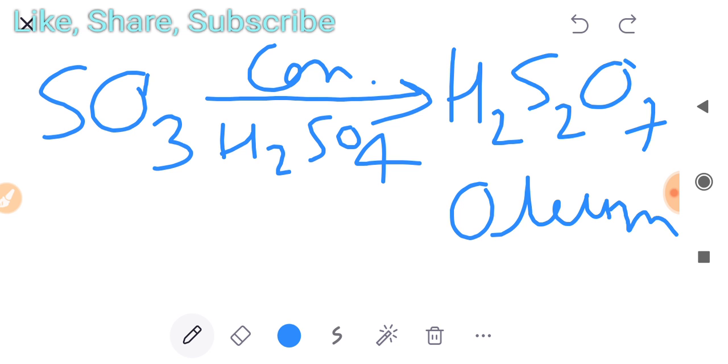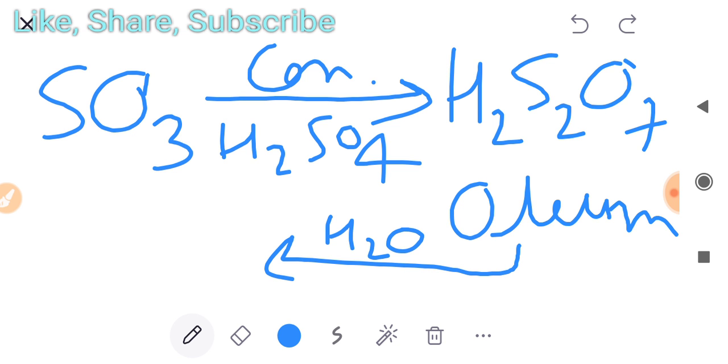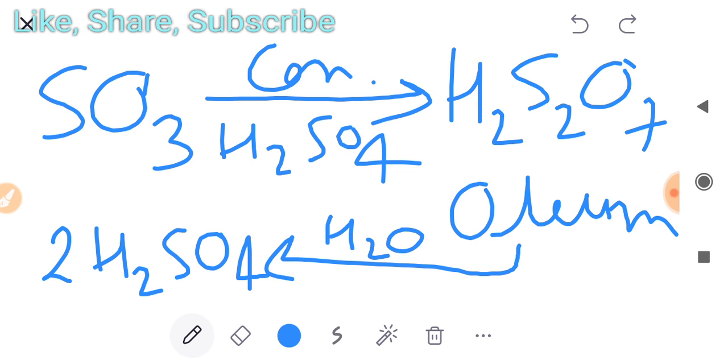Then its dilution occurs in the presence of water, and it forms 2H2SO4. So it is an alternate process, not in a single step. Two steps we have to use.